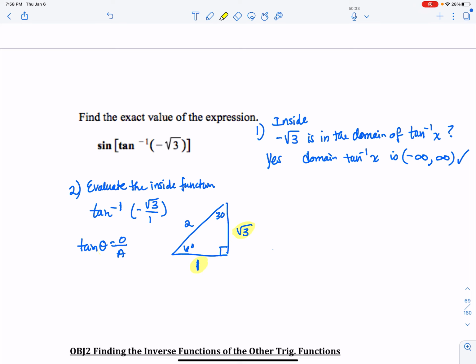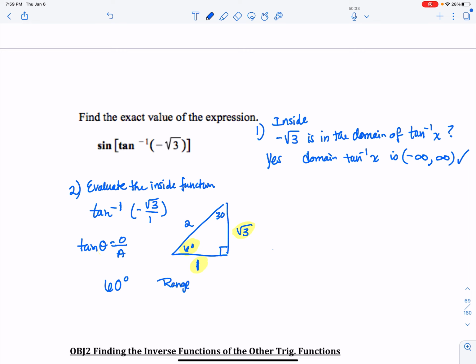Now I'm looking for an angle that gives me the opposite side as being radical 3 and the adjacent side as being 1. And I see that 60 degrees does that. So I have 60 degrees, but remember I had a negative. I'm taking inverse tangent of negative radical 3. So this will require me to know the domain and the range.